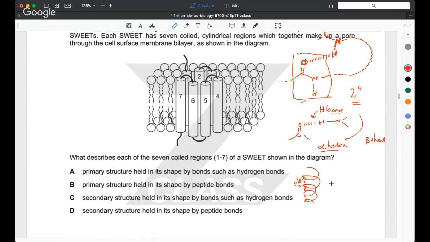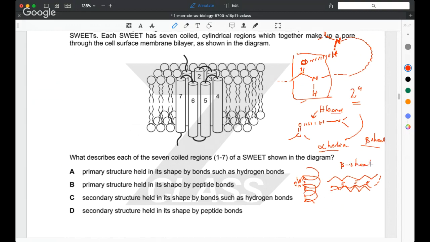There's the alpha helix, and you can get hydrogen bonding forming between these two peptide chains, and that's the beta sheet.